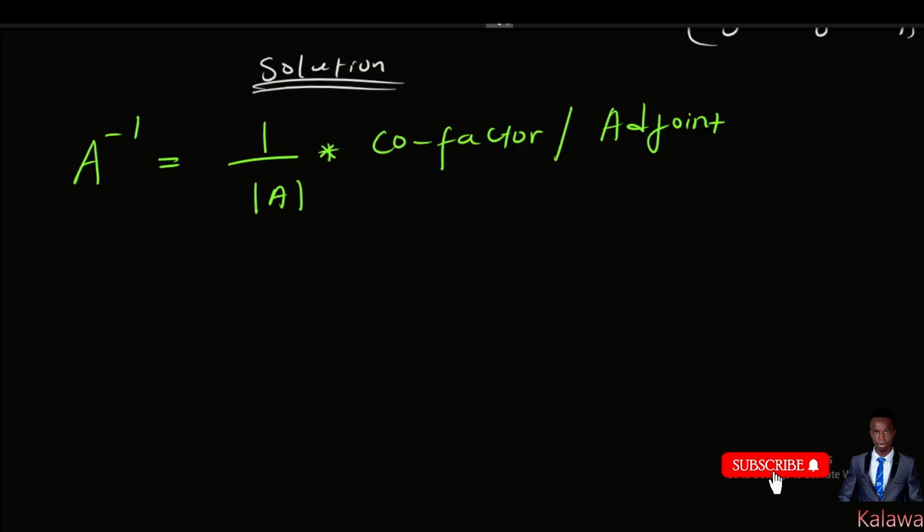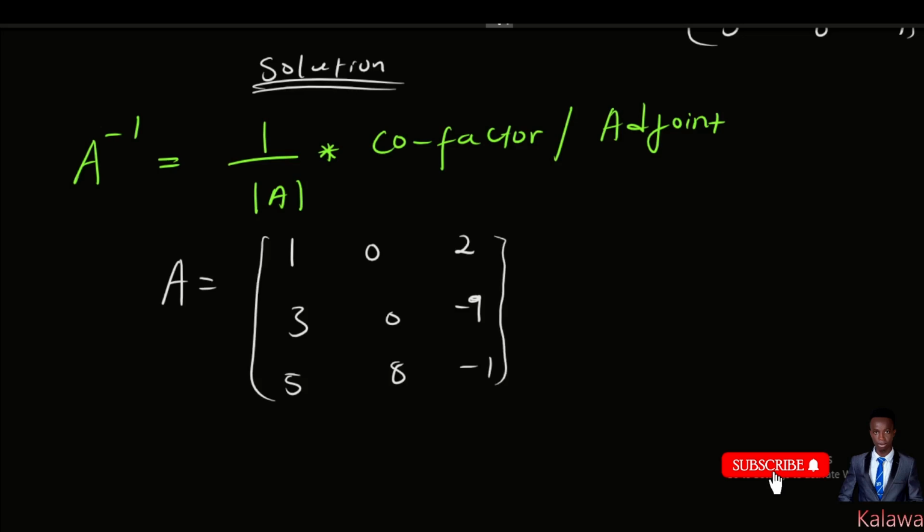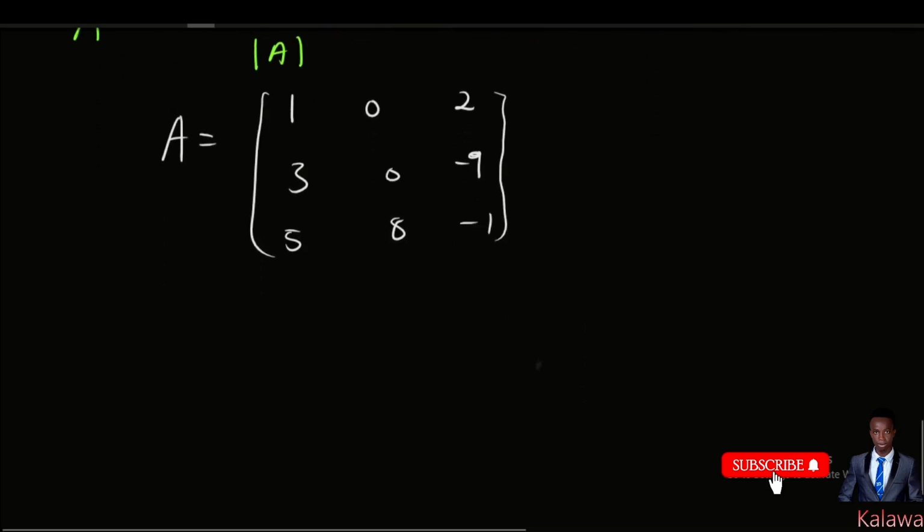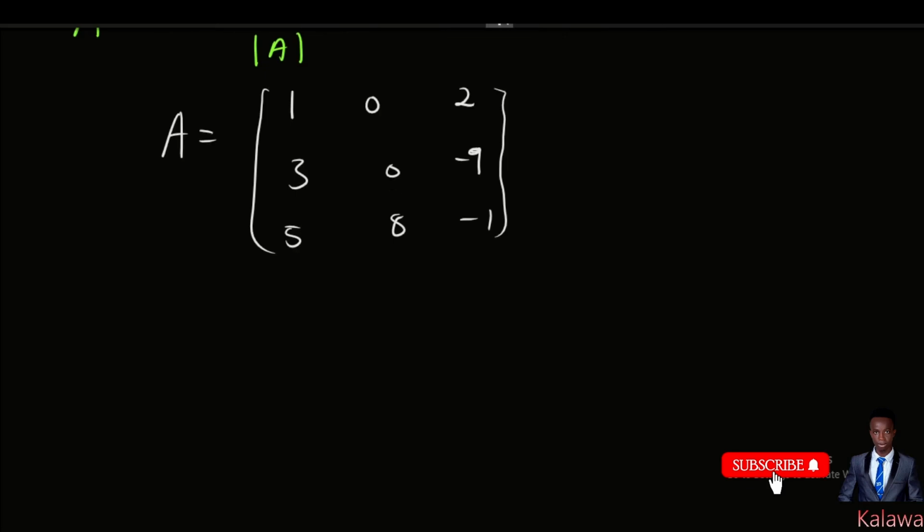So A is 1, 0, 2, 3, 0, minus 9, 5, 8, minus 1. These are the elements. From here we are going to determine the determinant of A. And remember, I'll always take the first row. So let me find the determinant.